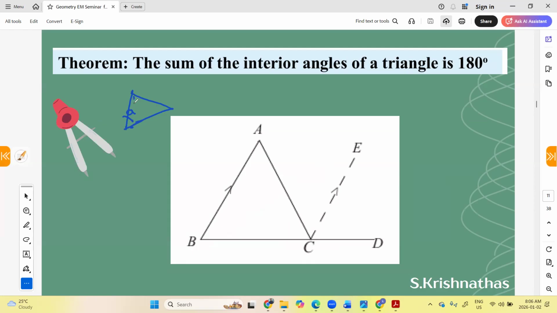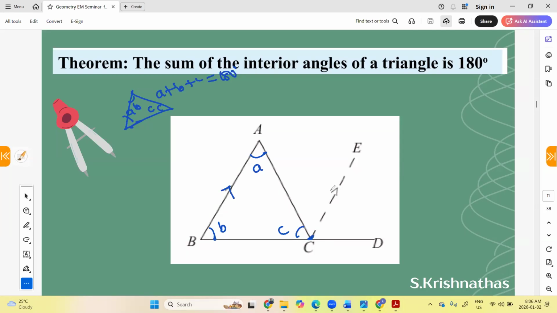If the angles are A, B, C, then A plus B plus C is 180 degrees. Okay, I'm going to prove this one. Here, we can take this one as A, this one as B, this one as C. Here, in the construction, I produce the line BC up to D, and draw a line parallel to BA through C.